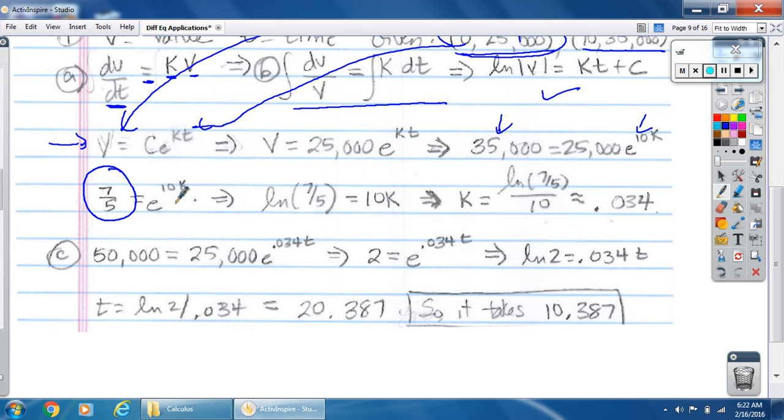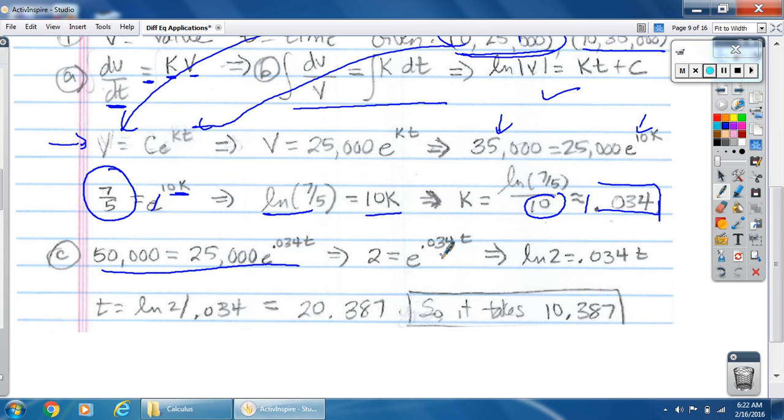Then to get the 10K down, we're going to take the ln of both sides. And remember, ln and e undo each other. That's why it's not really disappearing. We're doing inverse operations. And then solve for K by dividing both sides by 10. And then I use my calculator to turn that into a decimal approximation of 0.034. Put that back into the equation.